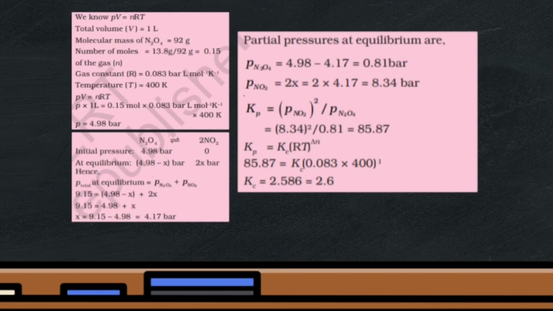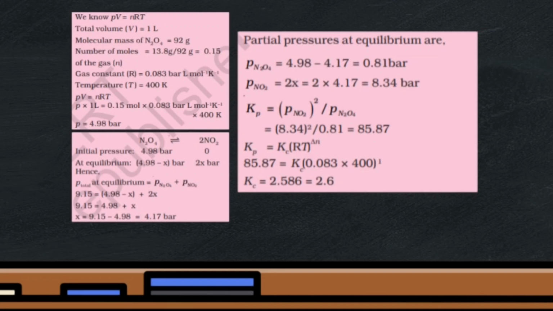And at equilibrium, if we assume that x is the amount of decrease in the pressure, then at equilibrium the pressure of N2O4 will be 4.98 minus x bar, and the pressure of NO2 will be, since there is 2NO2, 2x bar.